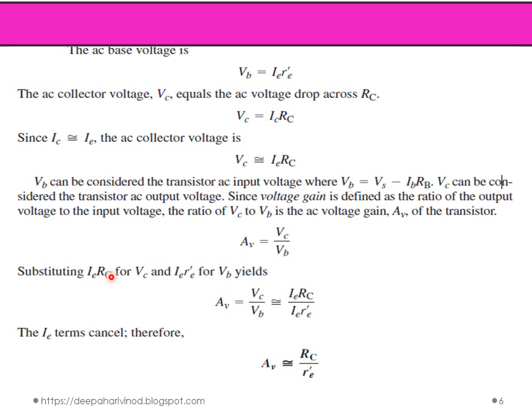Substituting ie RC for vc, and ie r dash e for vb, ie cancels, and the remaining RC divided by r dash e is the equation for the voltage gain of the transistor.